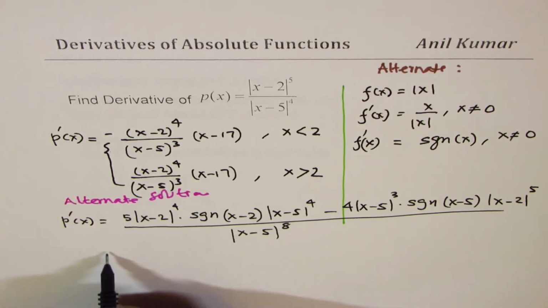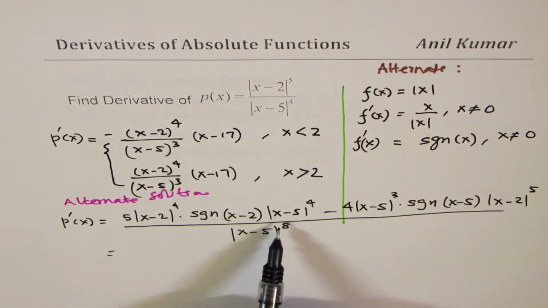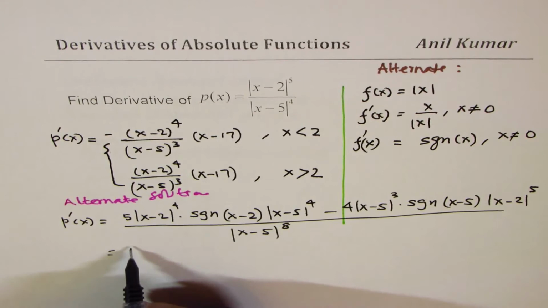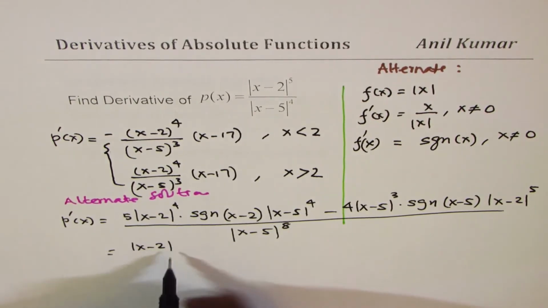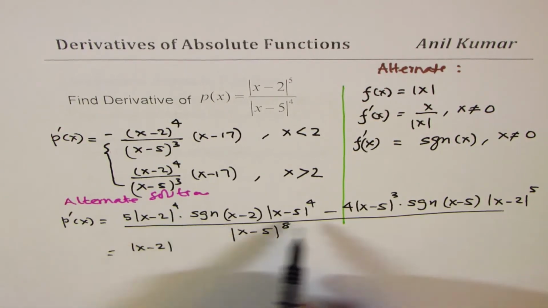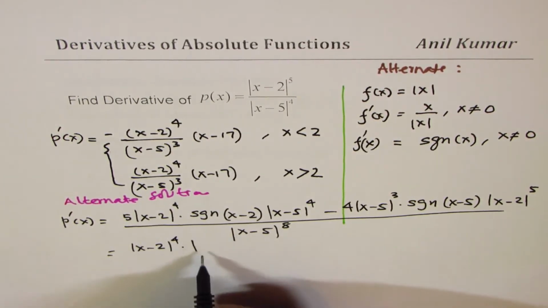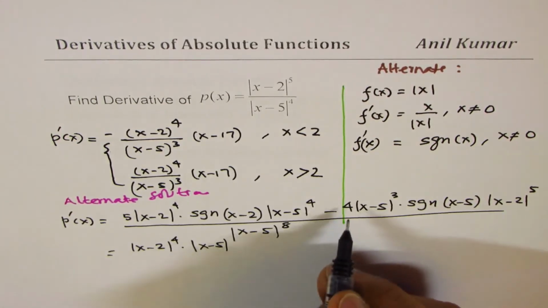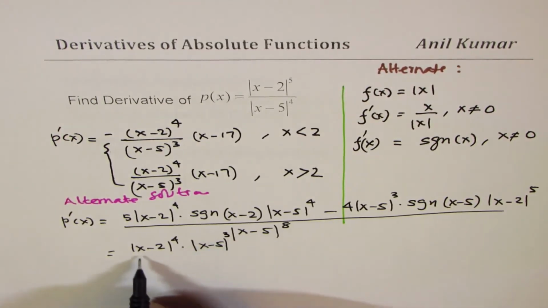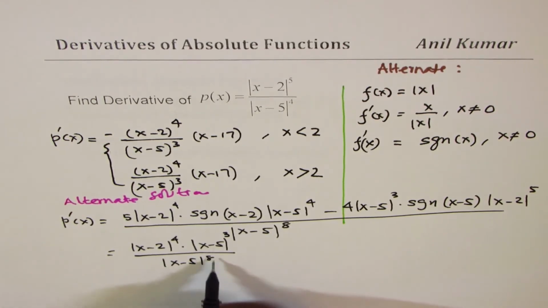You can always simplify this, taking whatever is common, right? Some absolute value of x minus 2 to the power of 4, times the absolute value of x minus 5 to the power of 3. We have this denominator here, the absolute value of x minus 5 to the power of 8.